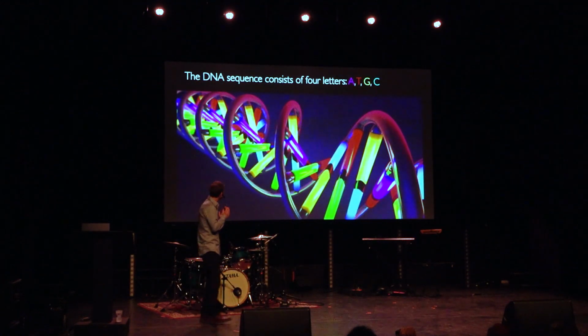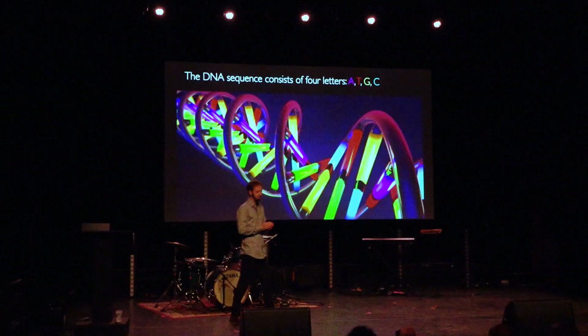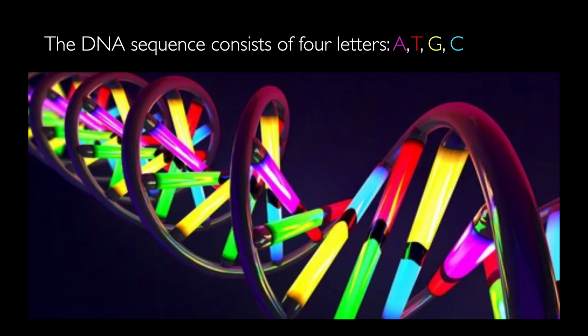So this DNA is a double helix that Watson and Crick discovered. It consists of 2 big strands that are combined and intertwined, and it's a bit like a zipper where you've got 2 strands of DNA. It consists of a quite simple alphabet.